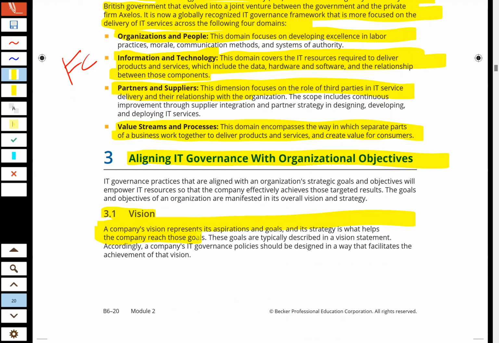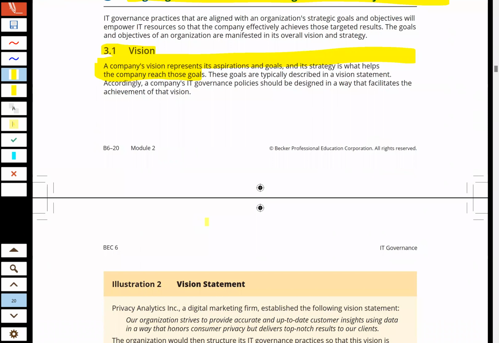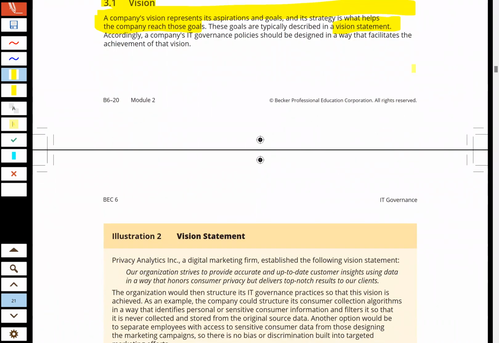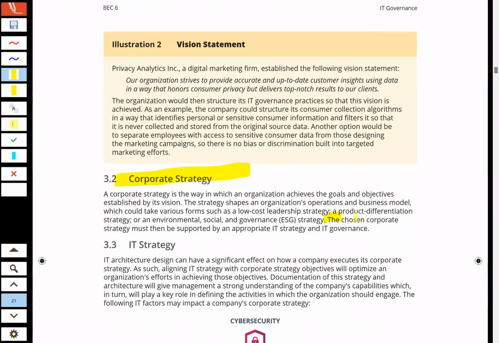Then, in the discussion of the mission statement, the vision statement, and whatnot, we will align our corporate strategy with our vision, and then the chosen corporate governance strategy must be supported by the appropriate IT strategy and IT governance. So it all links to our vision, our corporate strategy, and then looking to see that we will have the corporate governance that will align our IT strategy and IT governance with the overall chosen strategy of the company.